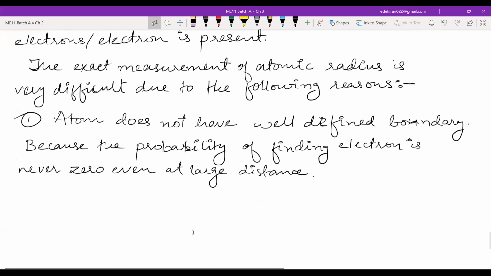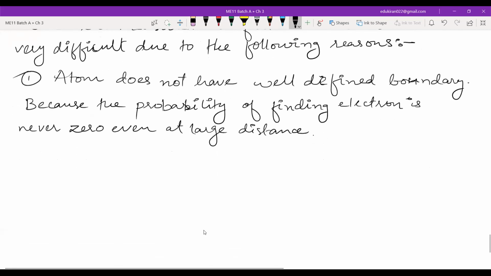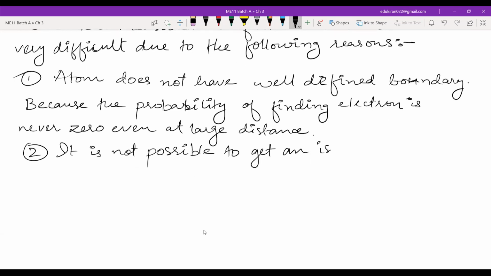Now, the second reason is that it is not possible to get an isolated atom. How can we get one atom, only one atom? It is not possible. Whenever, we will get some bonded atom. It is not possible to get an isolated atom. The third reason is that the size of an atom is very small.